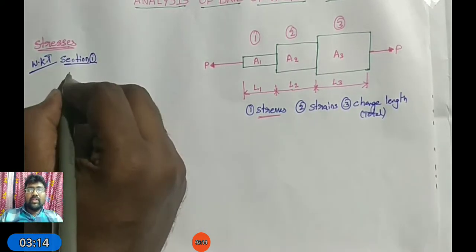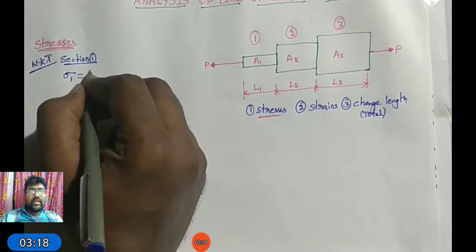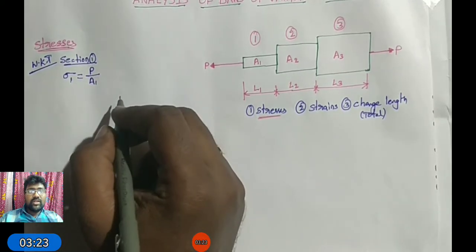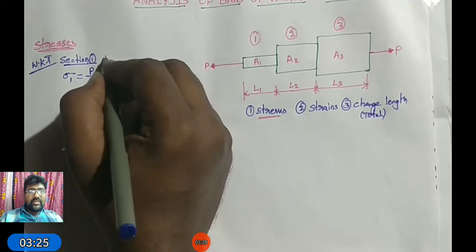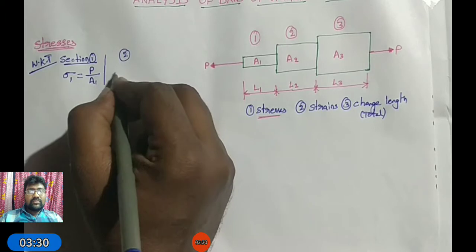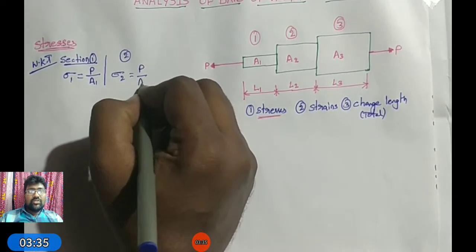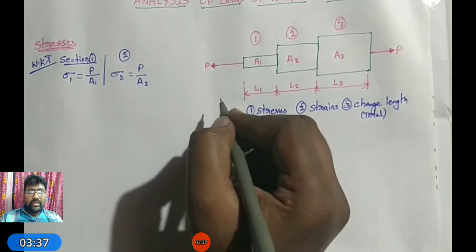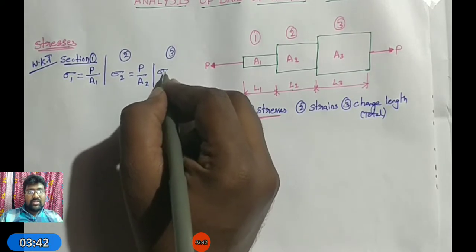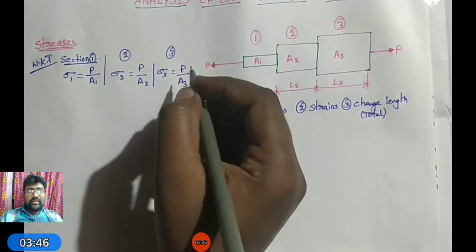Consider section 1: stress is equal to load by area, so P by A1, where A1 is the area of section 1. Similarly, for section 2, sigma 2 is equal to P by A2. And similarly for the third section, sigma 3 is equal to P by A3.